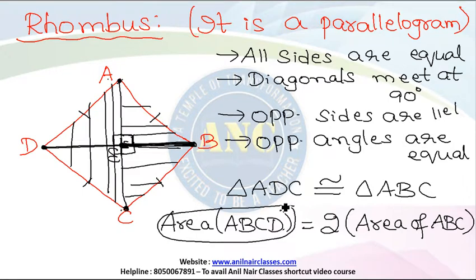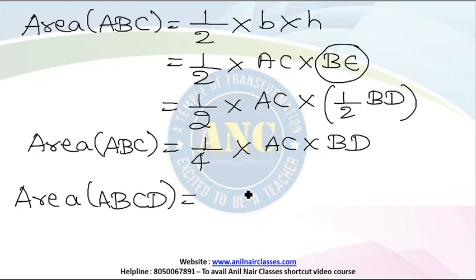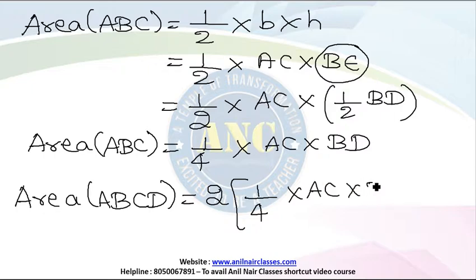So area of quadrilateral ABCD is 2 times of area of triangle. That means area of quadrilateral, in this case, is nothing but which one, sir? Rhombus. It is 2 times of area of triangle, which is 1 by 4 into AC into BD.